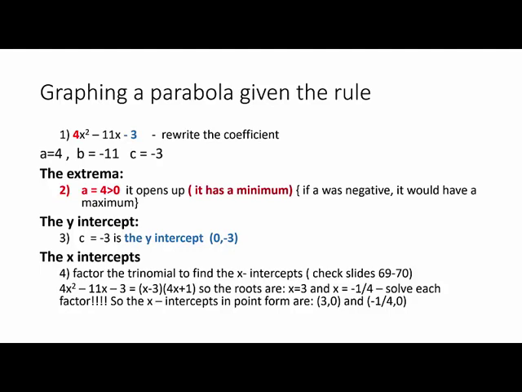In order to graph a parabola, I need 5 components. And the 5 components are the extrema, the y-intercept, the x-intercept, the vertex, and the line of symmetry.